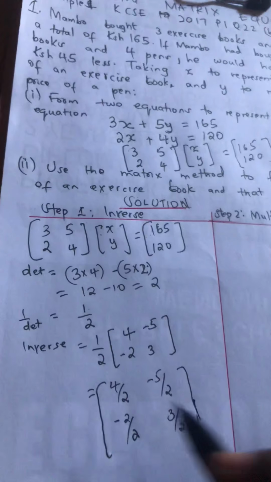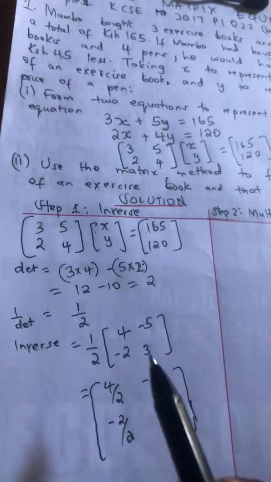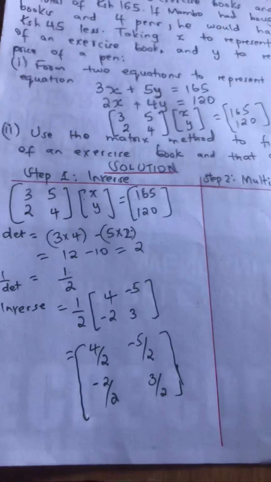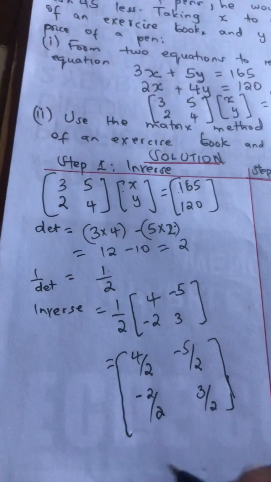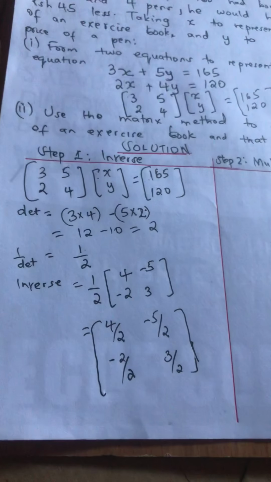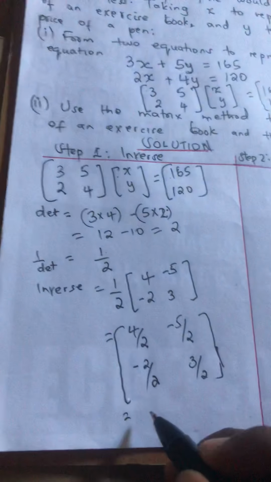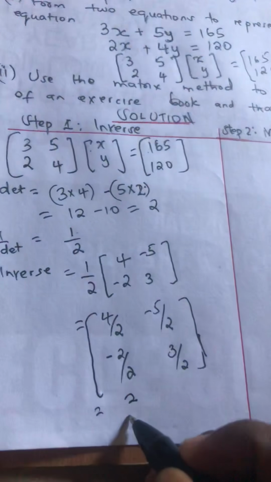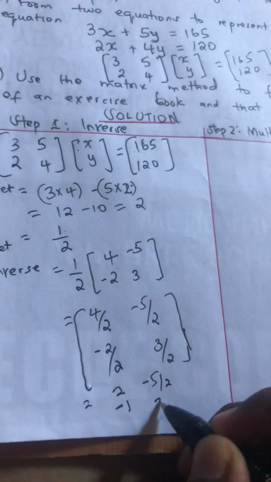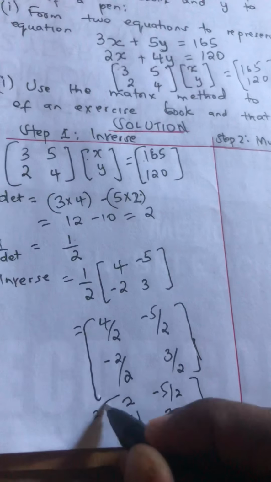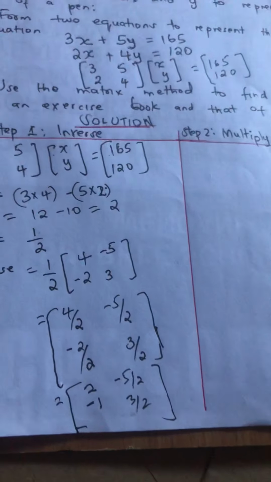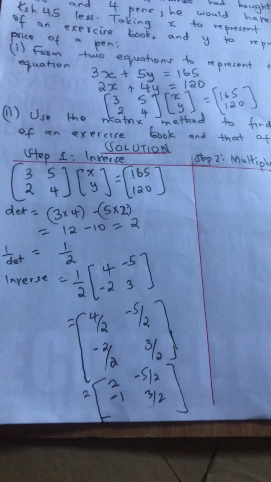All I have done is multiply a half by everything inside. A half is a scalar. Remember we studied multiplication with a scalar. So this is going to be 2, minus 1, then minus 5 over 2, 3 over 2. And that, ladies and gentlemen, is our inverse.